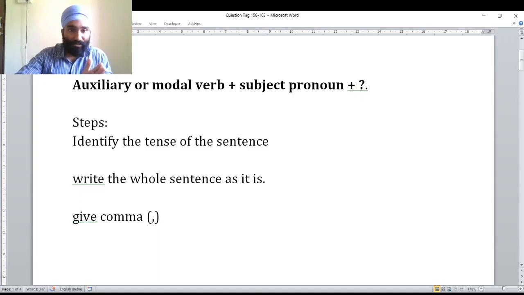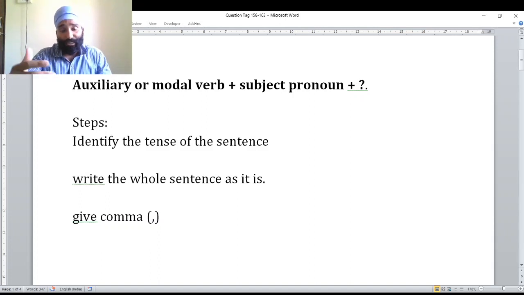Thereafter, you use auxiliary or modal verb. Auxiliary means a helping verb depending upon the tense. In the first step itself, you have identified which tense is there in the given sentence. So depending upon that tense, you have to use the helping verb. That we will see sentence by sentence.